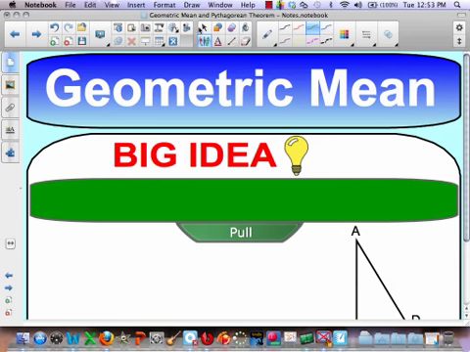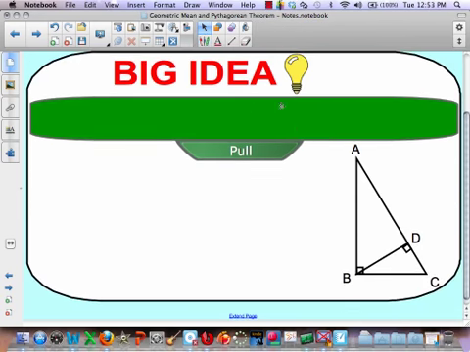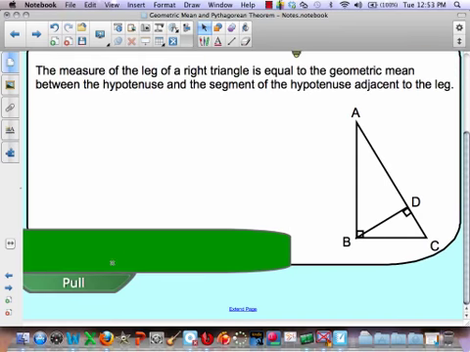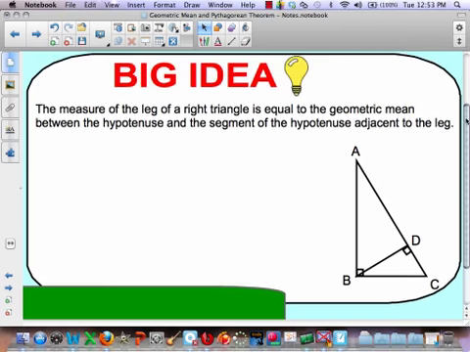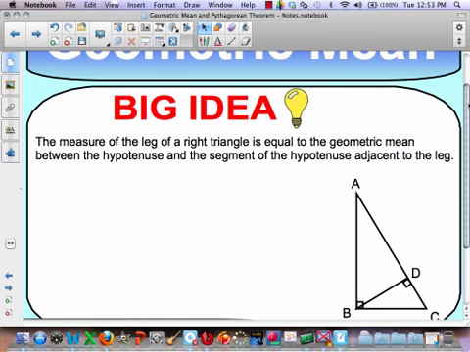On my next one, the measure of the leg of a right triangle is equal to the geometric mean between the hypotenuse and the segment of the hypotenuse adjacent to the leg. Again, you can catch all of that.